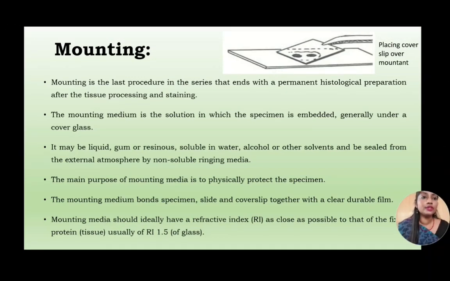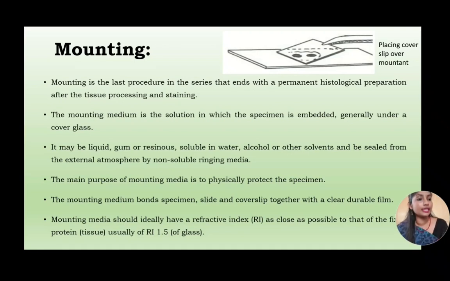And now moving on to the last step, that is mounting. What is mounting? It's the last step in the series, so that we get a permanent histological preparation after the tissue has been processed and stained. The mounting media is a solution in which the specimen is embedded, generally under a cover glass.